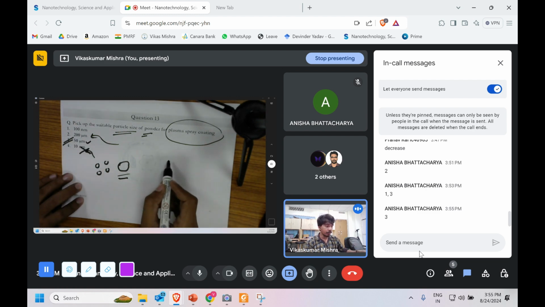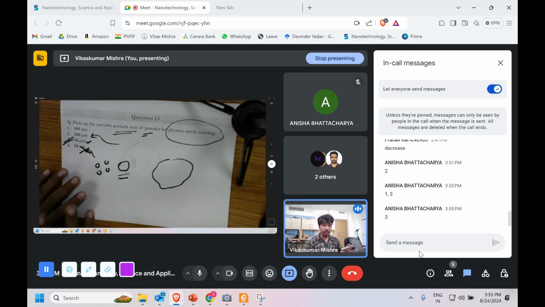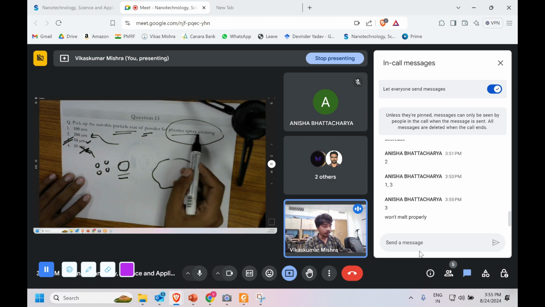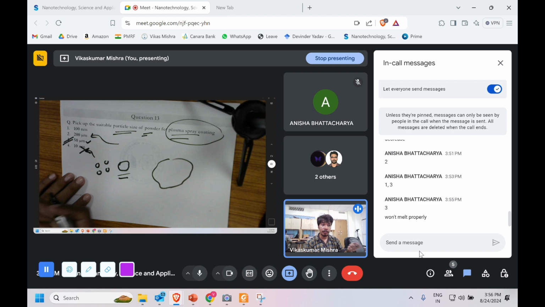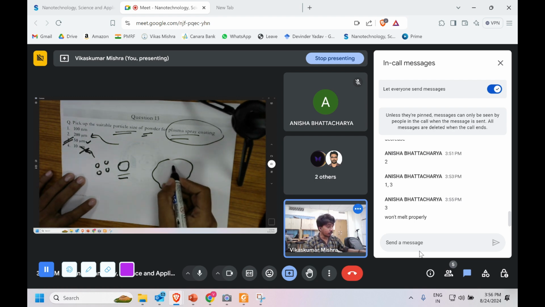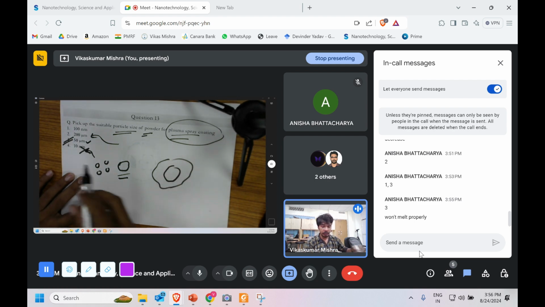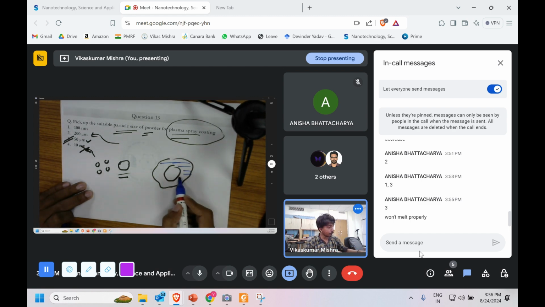Why are larger ones not preferred? We learned in the last-to-last question that in plasma spray coating, the temperature is such that it won't melt properly. So it will melt, let us say, only till this particular region, and the core is not melted.